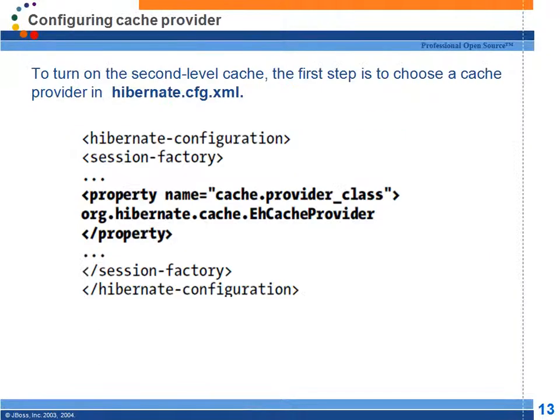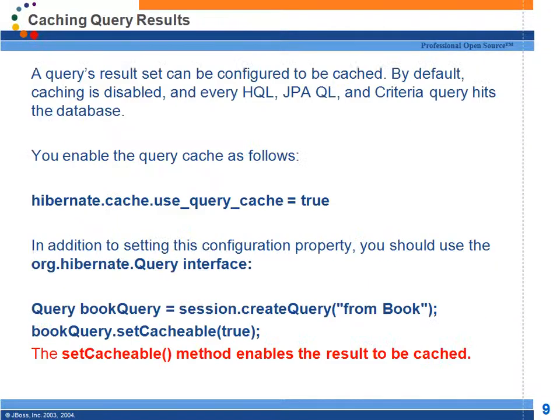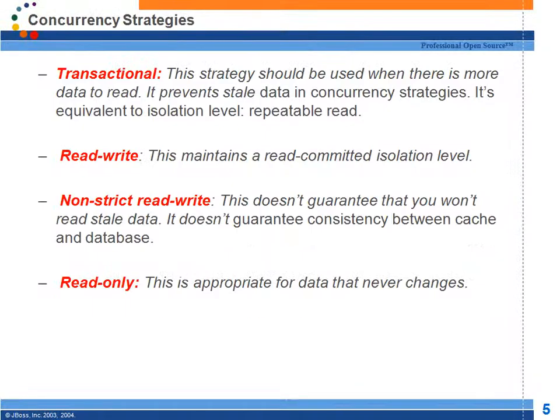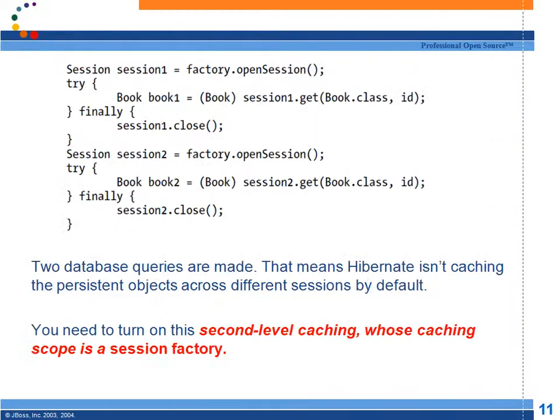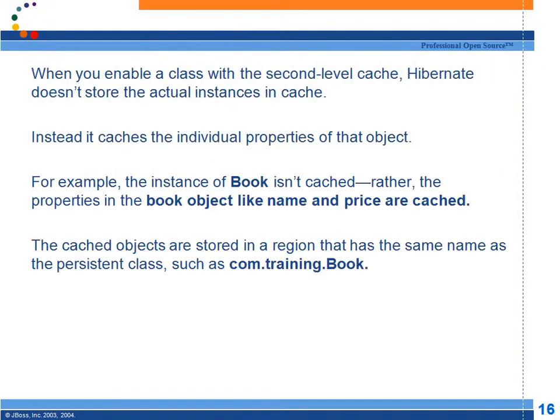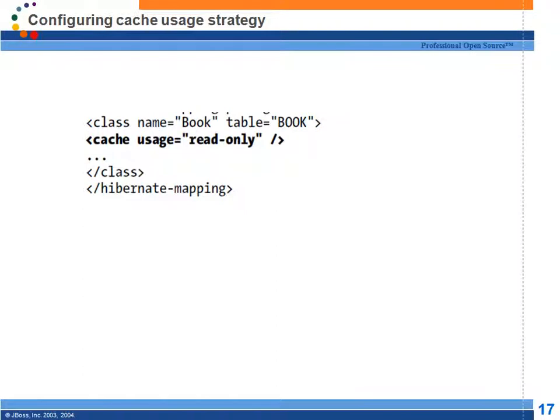I showed you 4 transaction strategies: transactional, read write, non-strict read write, read only, right? So these are the values. If you want to enable it for a particular class, you have to do it like that. Here I am specifying to use the read only concurrency strategy for that class. Only if I write this tag is this eligible for second level cache, right?